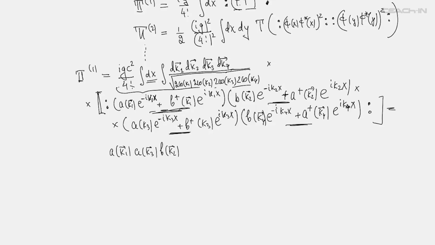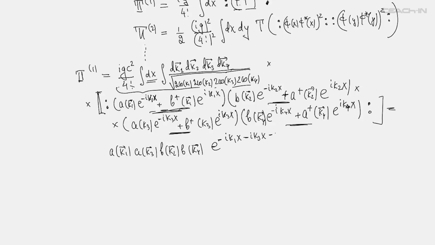This will come with exponentials. A on k1 will contain exponential minus i k1x. A k3 will contain minus i k3x. Then B on k2 will contain minus i k2x.